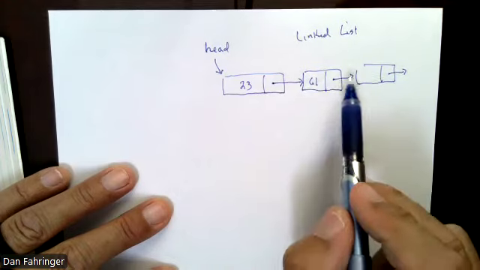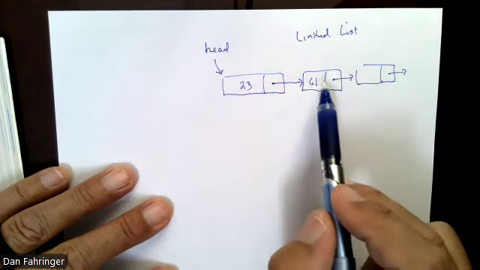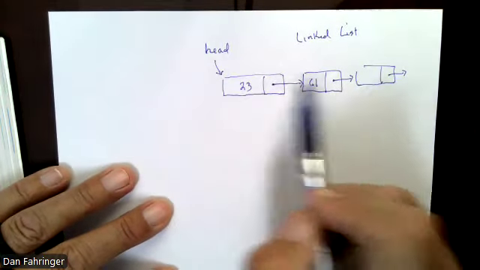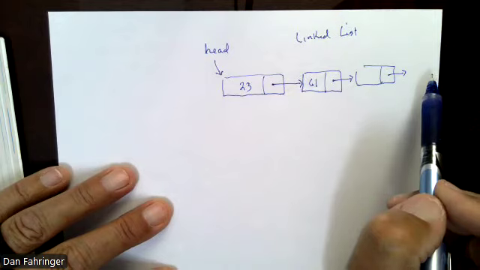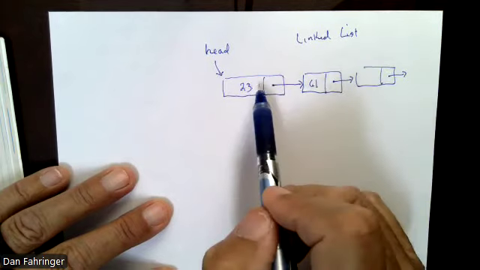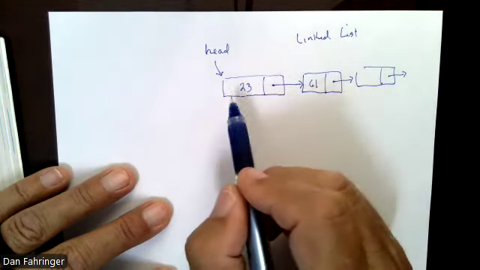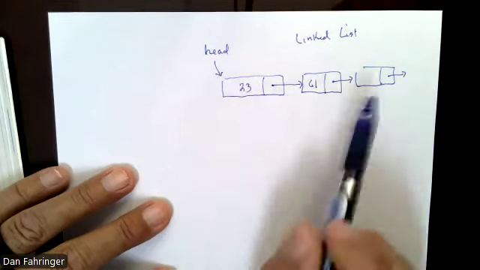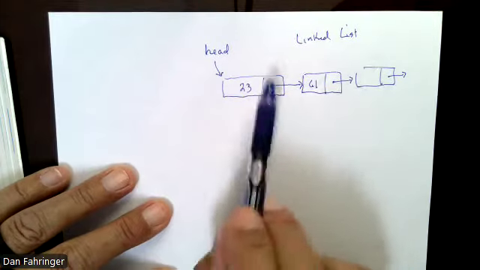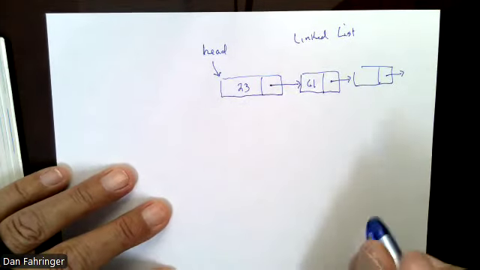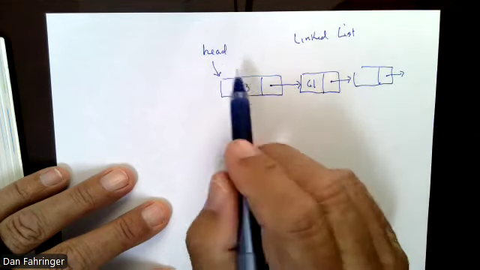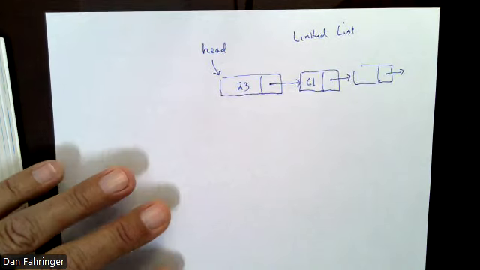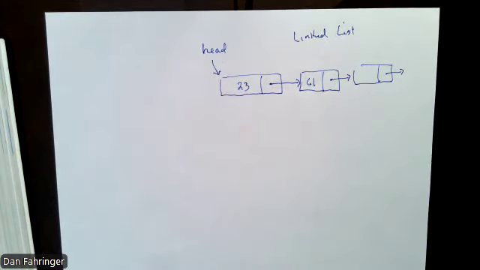How do I traverse from head, this points to this one, this points to this. So now I have a list that can grow forever like a vector. I have a list that I can shrink. Okay, I want to delete 23 off the list. I just point to 61 now. So this is going to be way more efficient than using vectors. And this is where you use a lot of pointers. You won't use them in vectors. Vectors, like I said, are their own data type.